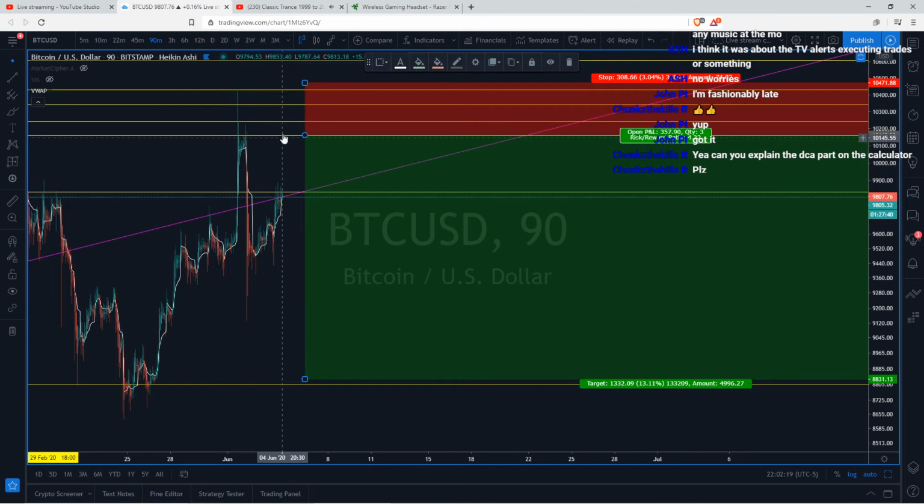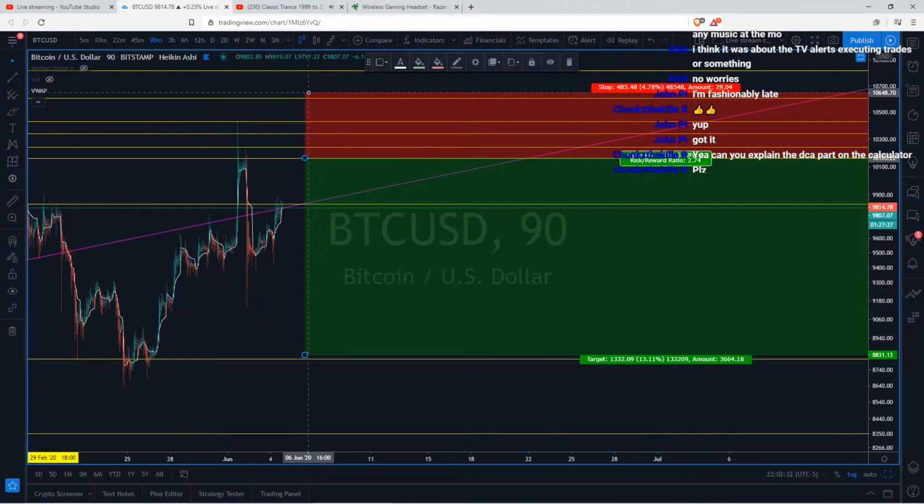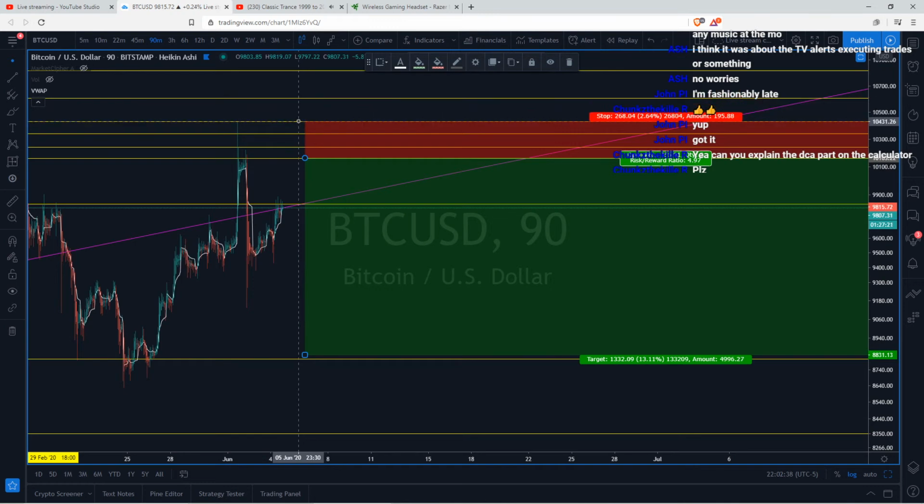Okay? Let's say you wanted to place 4 different shorts, because that'll be easy. Let's say you wanted to place 4 different shorts in that area. Okay?